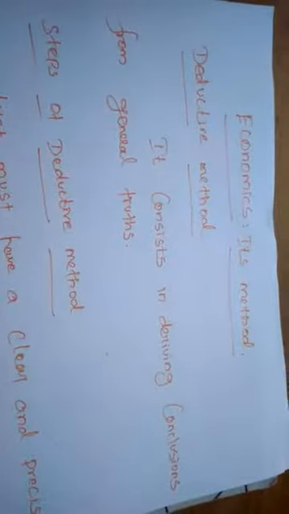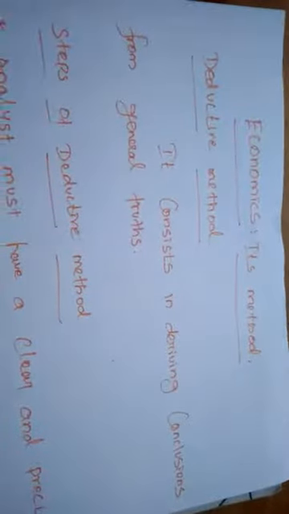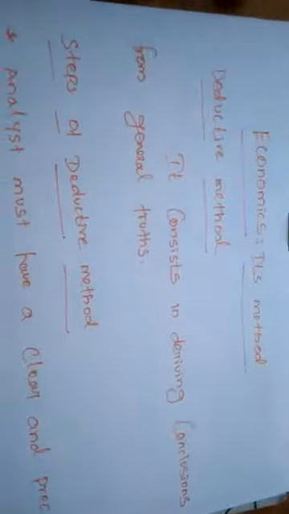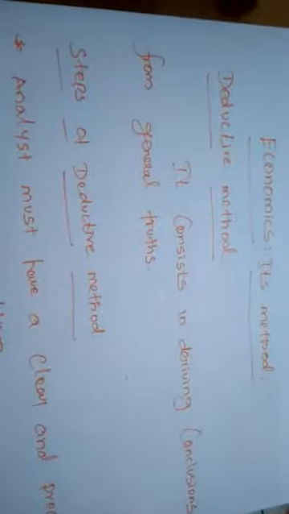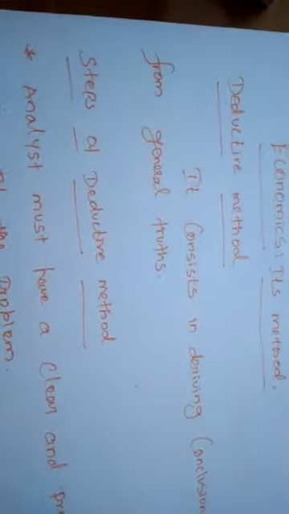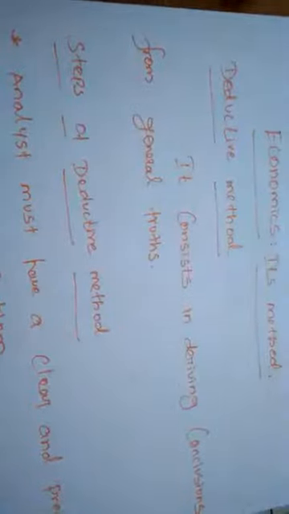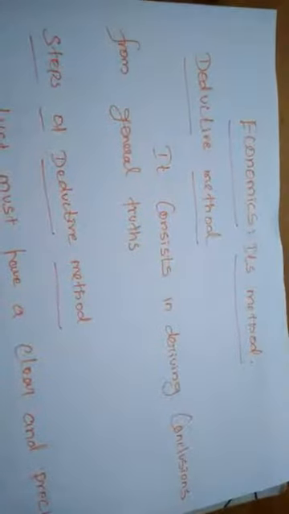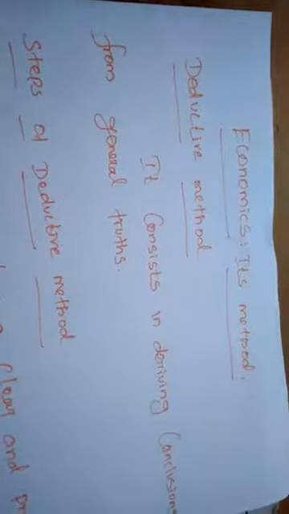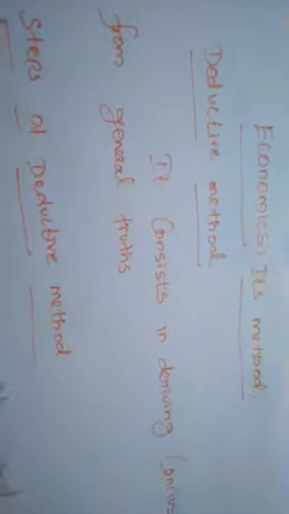To understand any of the laws, many economists will give many reasons, and the reasons will also be facts. How we bring conclusions from the many facts is analyzed by the deductive method.